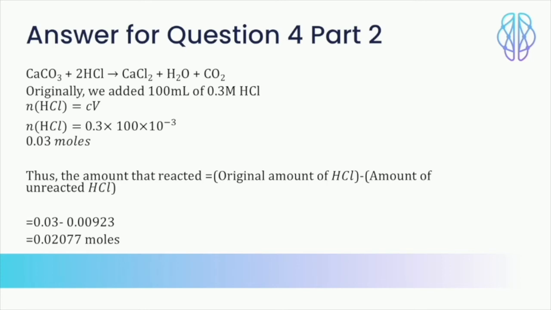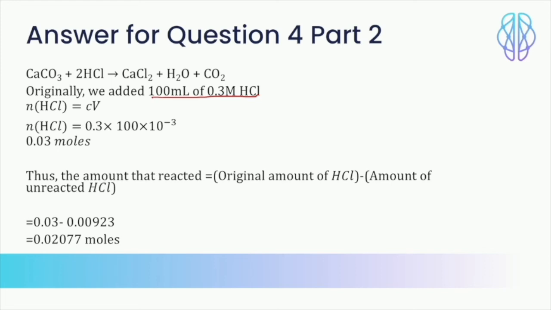Recall that with these back titration problems, I need to find the amount that actually reacted with my analyte, my analyte in this case being calcium carbonate. To do that, I know the original amount of HCl that I actually added: 100 milliliters of 0.3 molar. And I know the amount that remained unreacted. I found that in the titration with sodium carbonate. That was 0.00923 moles that I found in the last slide.